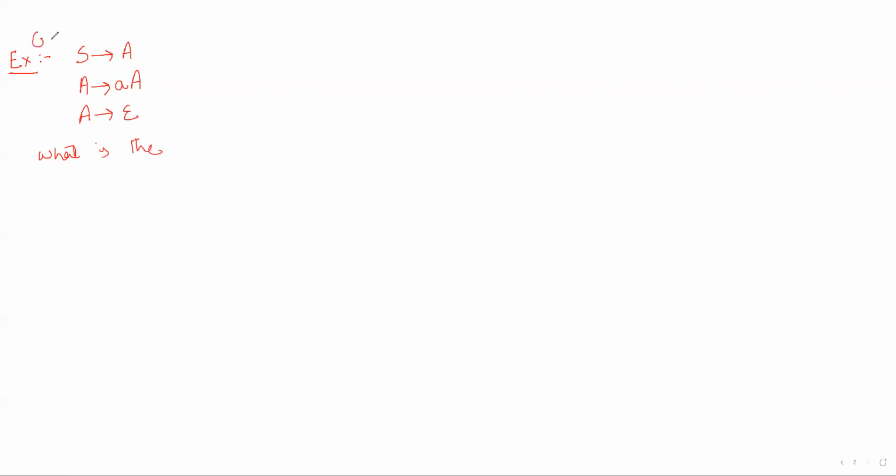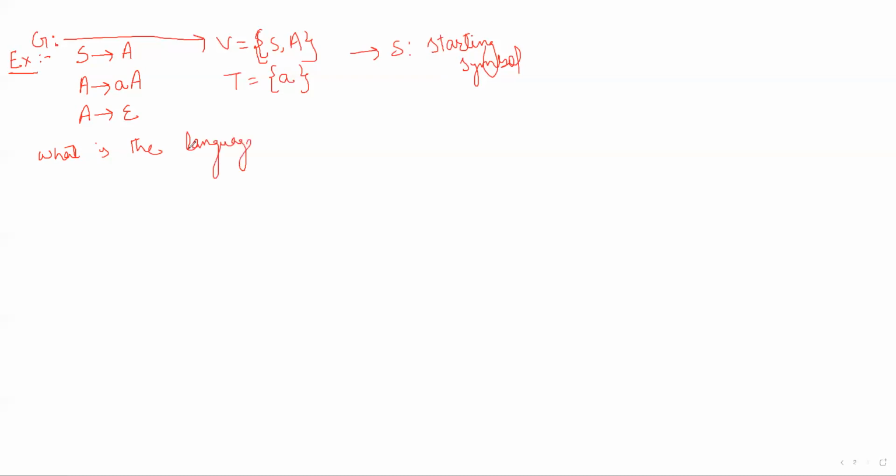Let's suppose this is grammar G. This G has non-terminals S and A, and the terminal symbol is a. These are the production rules, and S is the starting symbol. So the question is, what is the language generated by this grammar?